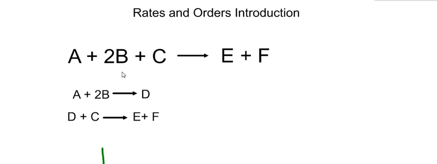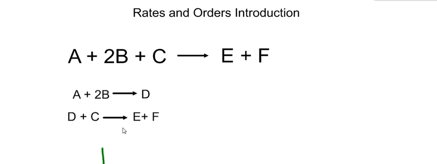I'm going to say that maybe A plus 2B gives me D, and D plus C then gives me E plus F. D, of course, is made and then used up in this reaction, so it begins with I. It's an intermediate, that's it.